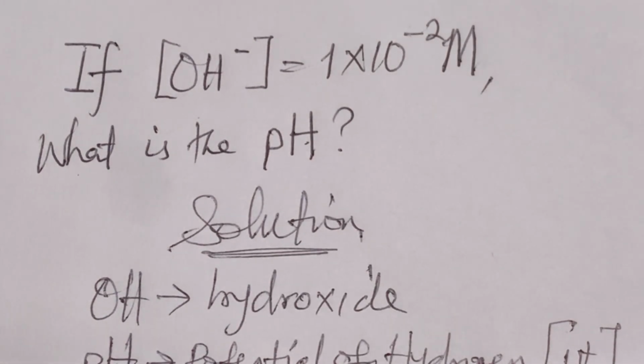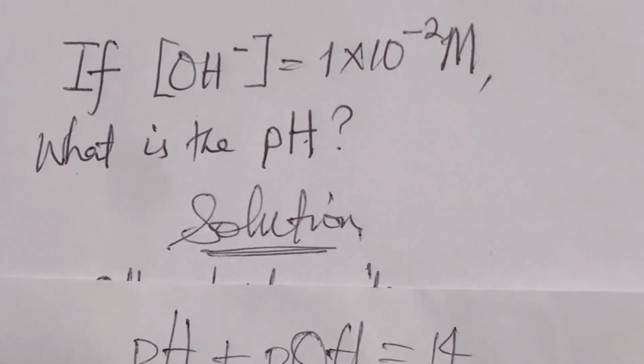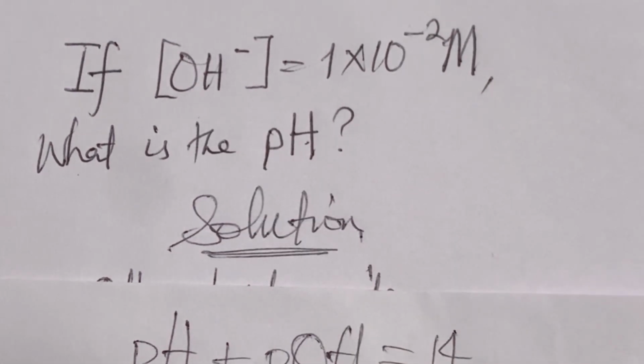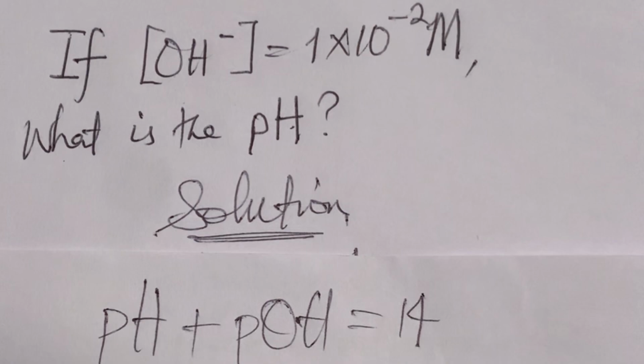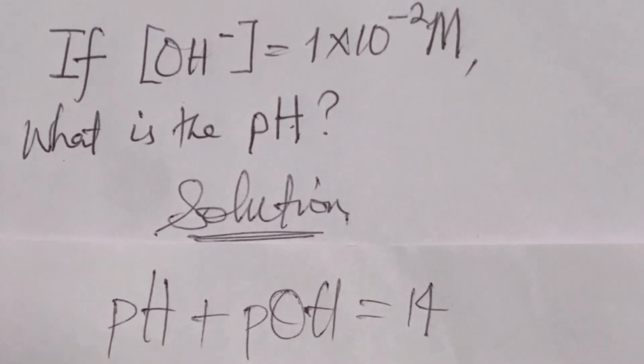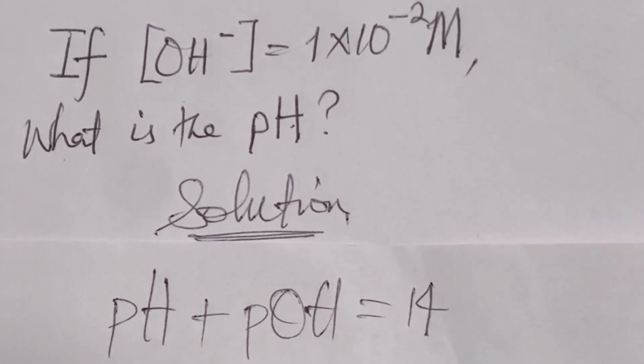It's simple, just use the formula pH plus pOH equals 14. Now you know pOH equals negative log of OH negative, and OH negative is this value, 1 times 10 to the power of negative 2.